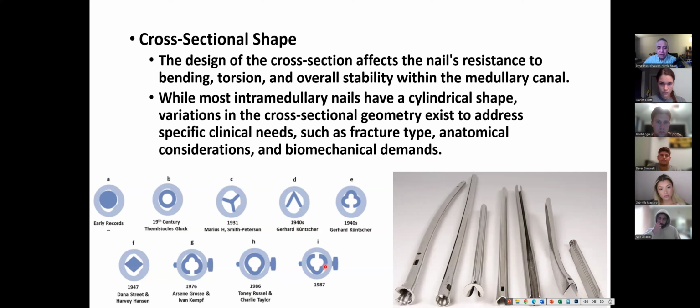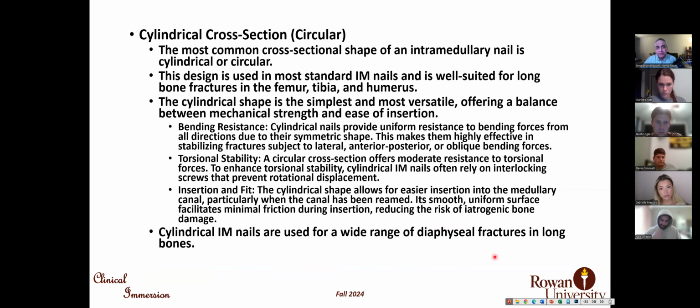We use locking screws, and that replaces all the benefits that we gain by the different cross section. Cylindrical cross section is the best one for now because it is easy to insert. It provides good bending stiffness, torsional stiffness, and good fitness when we insert it.